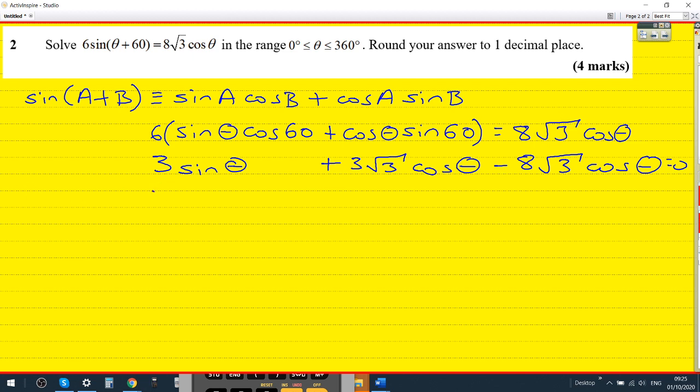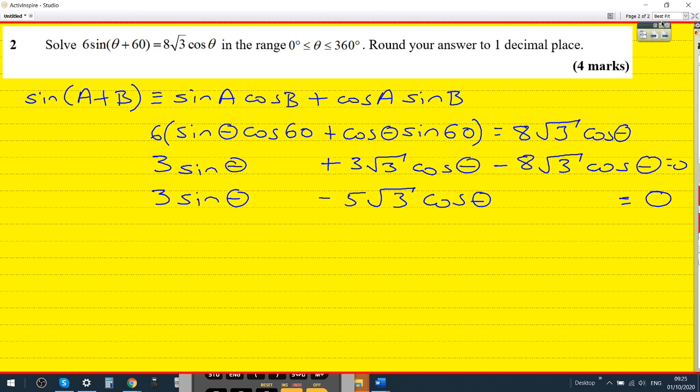And then should I divide both sides by cos? Mm-hmm.